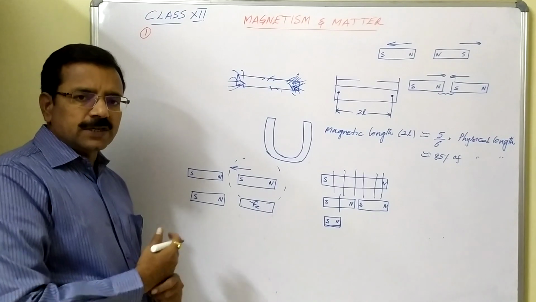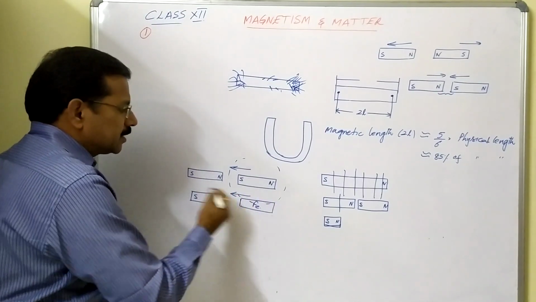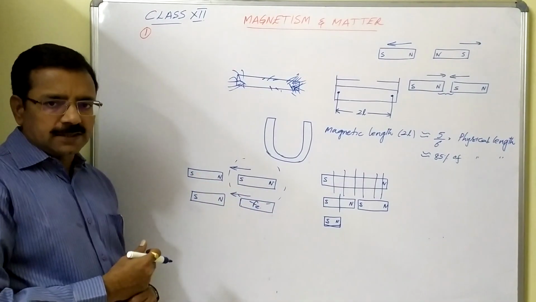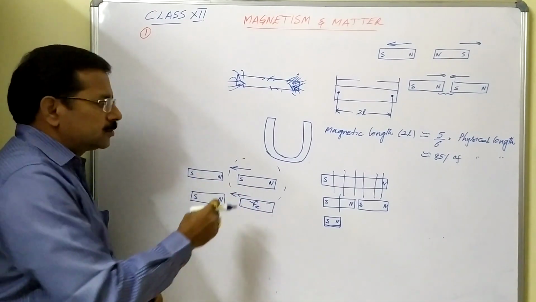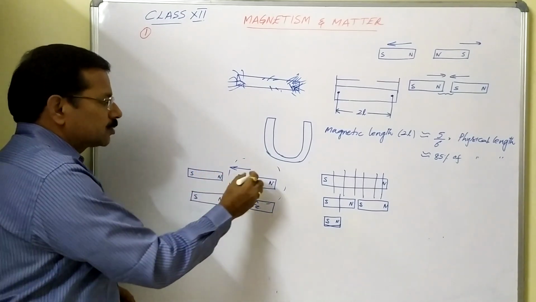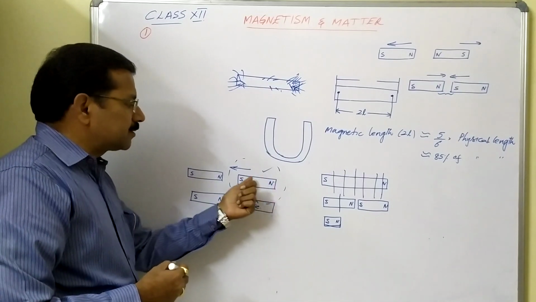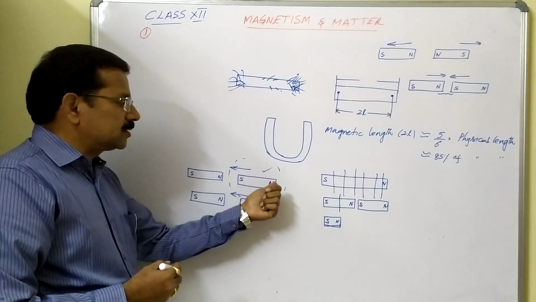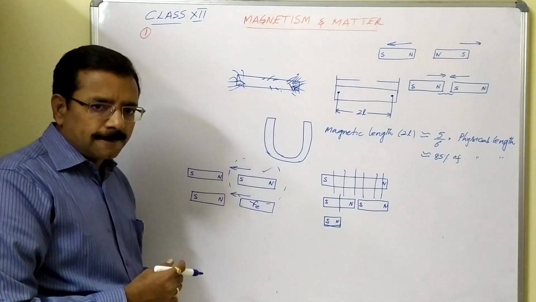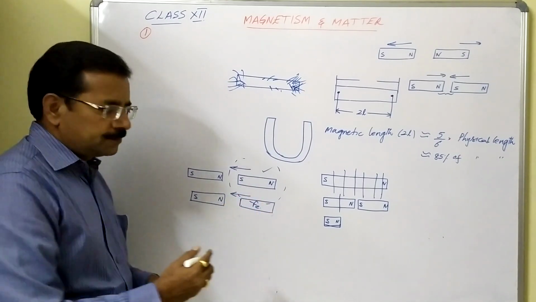Then, being a ferromagnetic material, it gets attracted by the magnet. So because this material is attracted by a bar magnet, you cannot jump to the conclusion that this is a bar magnet with this end acting as south pole and this end acting as north pole. It could be a ferromagnetic material.